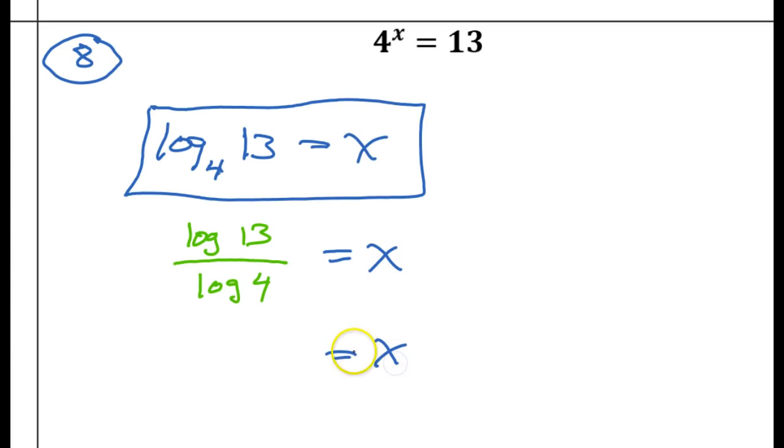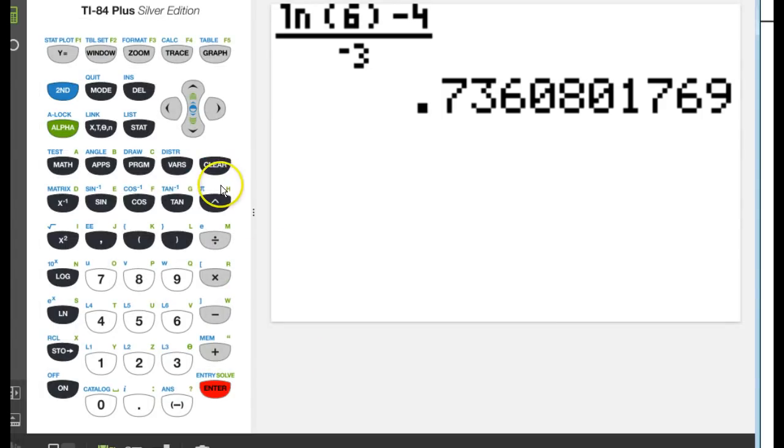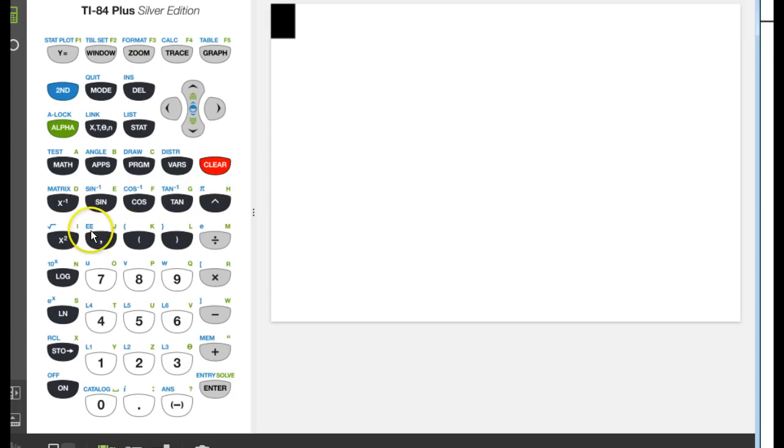So if you have a TI Inspire, you could probably just type it in without using the change of base formula. Or if you have a TI 36X Pro, you can type it in the way it was. But if you have a TI 84, you might have to do the change of base formula. You can still do it in different ways. Anyway, you know what calculator you have, so do whatever you do. But anyway, if you do have to do the change of base formula, here it is.